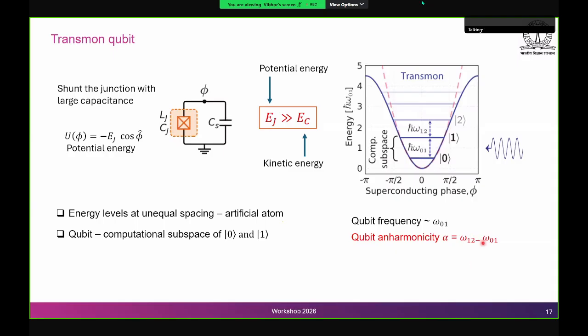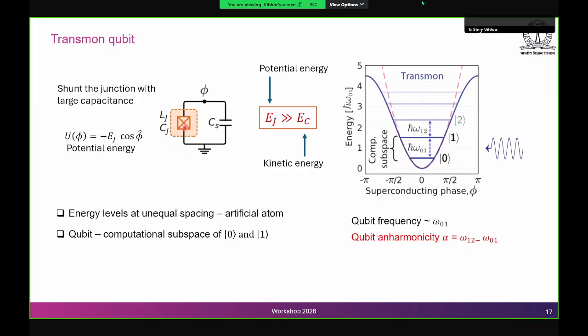But if that number goes to 0, then it's not a qubit, it's becoming more like a harmonic oscillator. So anharmonicity is a good figure of merit to look for when we want to truncate a many-level system into a two-level subspace.